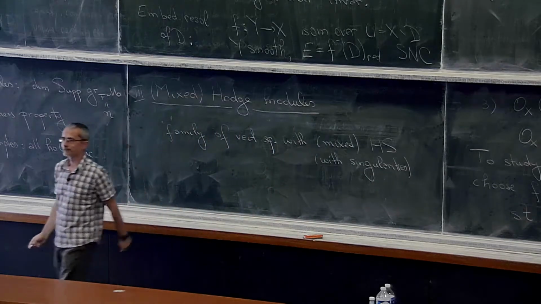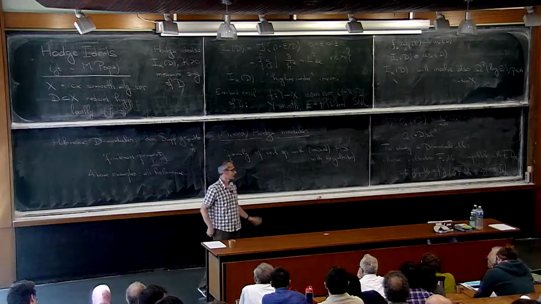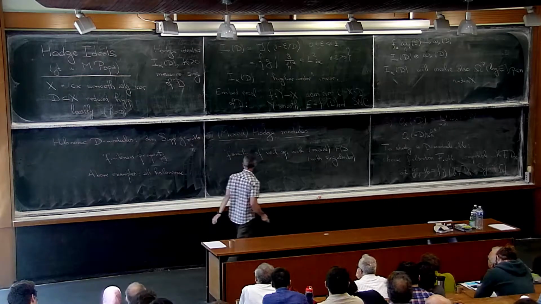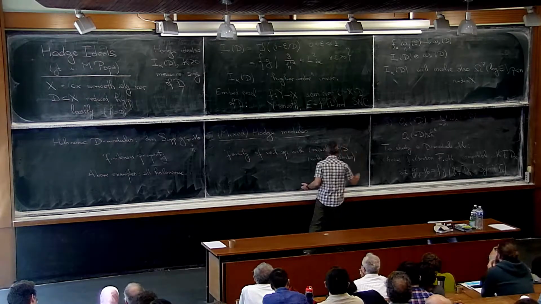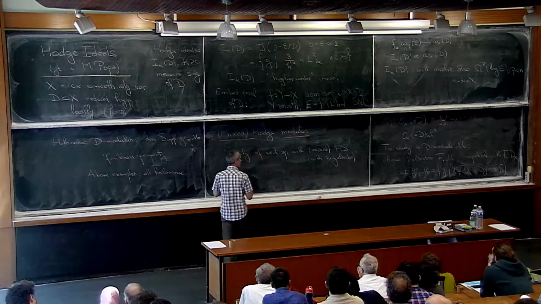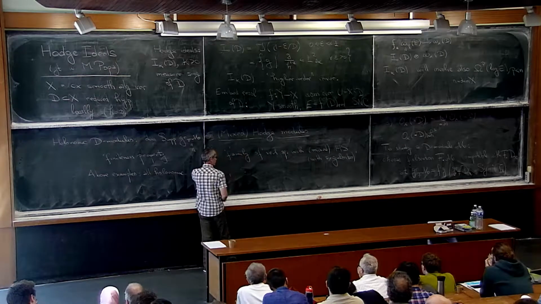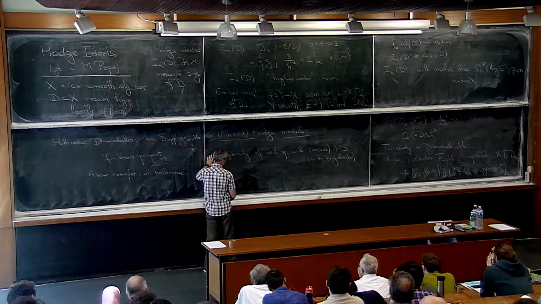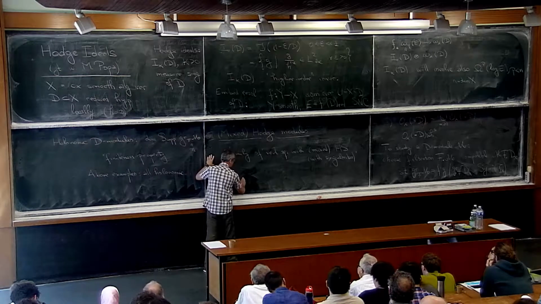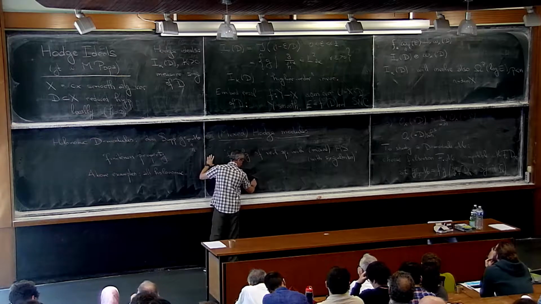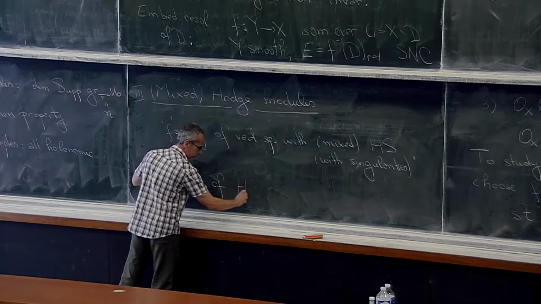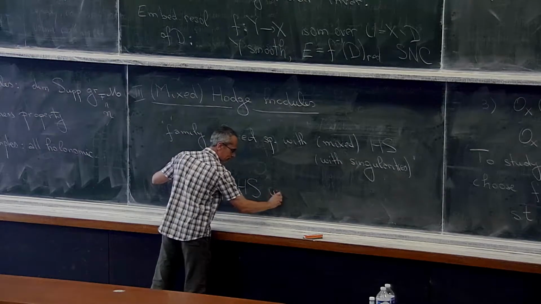Sorry? Yes, I'll say a little bit more a bit later. So this is really just some words to try to give some intuition. A slightly better way of phrasing it is that they are, maybe I should say, a variation of Hodge structures with singularities.